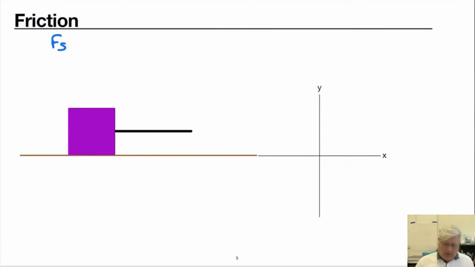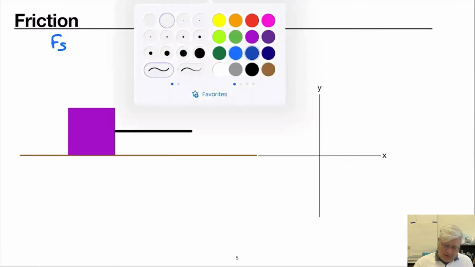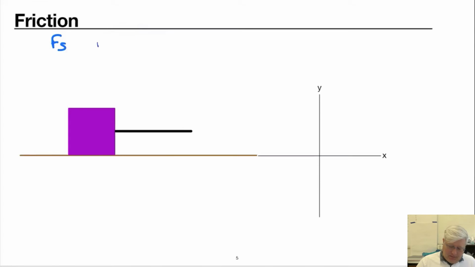Sometimes we'll call this Fs max. So there's a maximum value, and once you hit that amount of force, the object starts moving. But it will always respond only with the amount of force that is being applied to it to try to get it moving. So if you apply any force less than that, nothing's going to happen. There's going to be no movement.